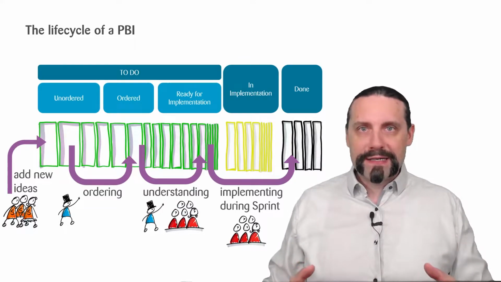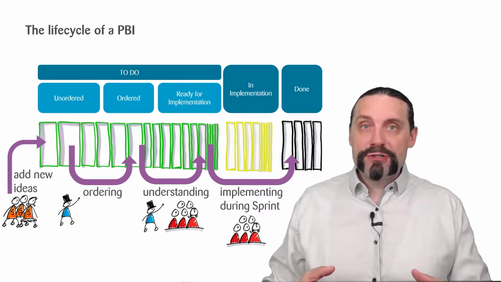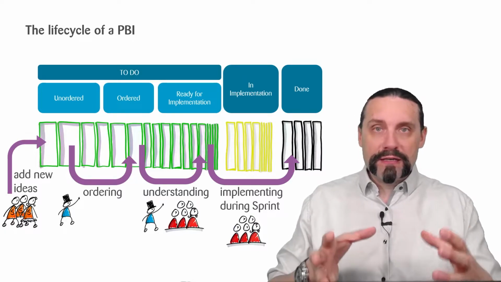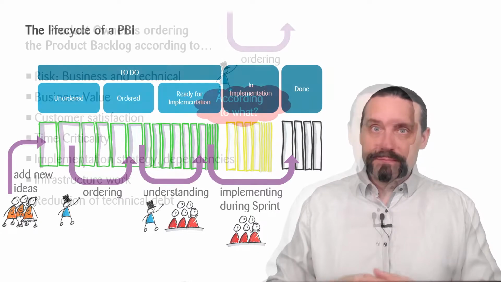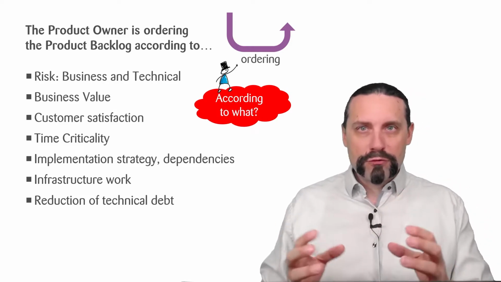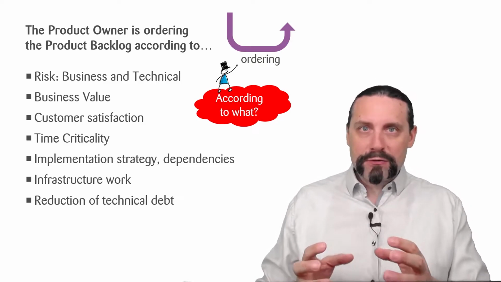Then the product backlog item gets implemented, and after the implementation it is done and part of the incremental product.